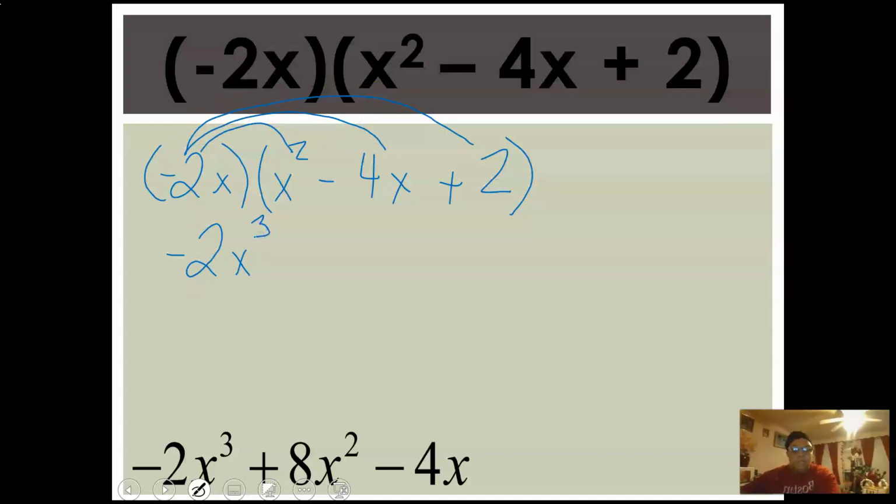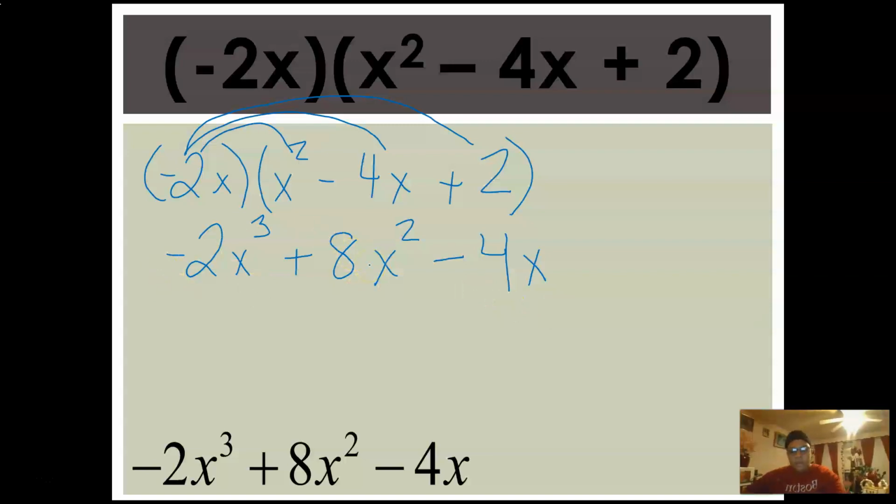And since negative 2 times negative 4 is positive 8, it will be positive 8x squared because you're multiplying. And then you have to add the exponents. So x times x is x squared. And negative 2 times positive 4 is negative 8x. Sorry. And that's how you would complete this problem here.